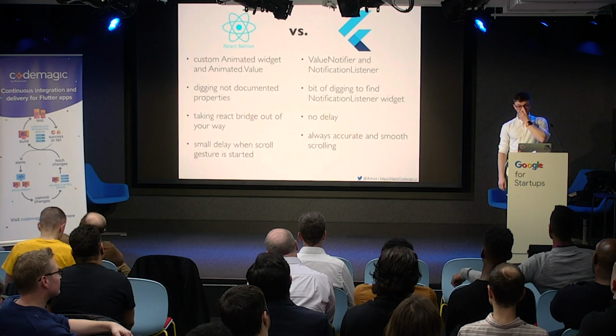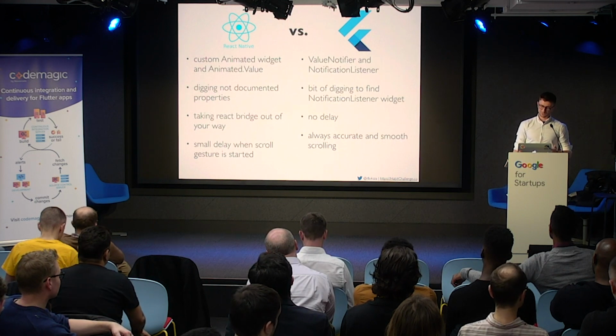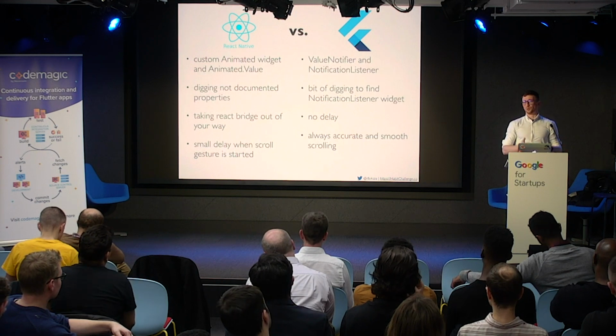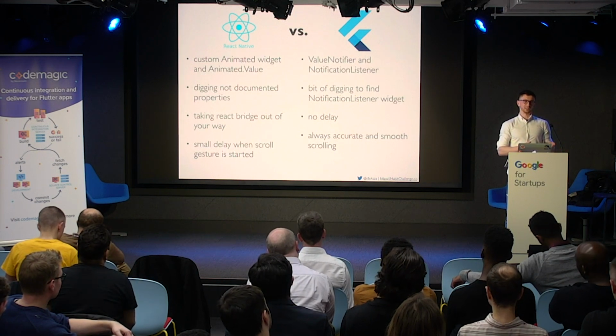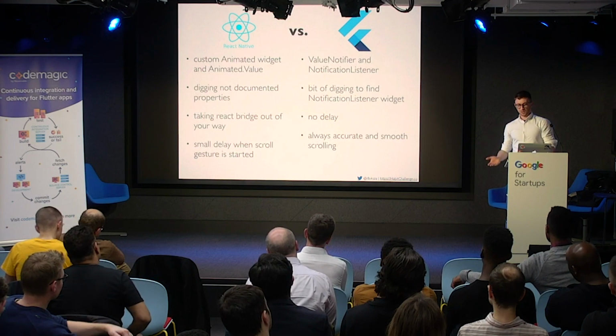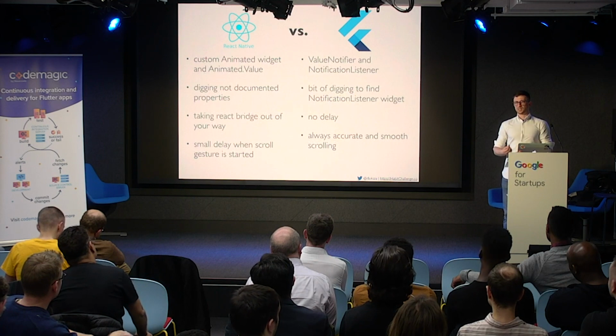So I wouldn't say that this widget was easy to implement. It took me a lot of time on both sides to come up with the solution, but one can say that it's more or less a reactive solution transplanted to Flutter. On the Flutter side, we are using value notifiers and notification listeners, and those are standard widgets.